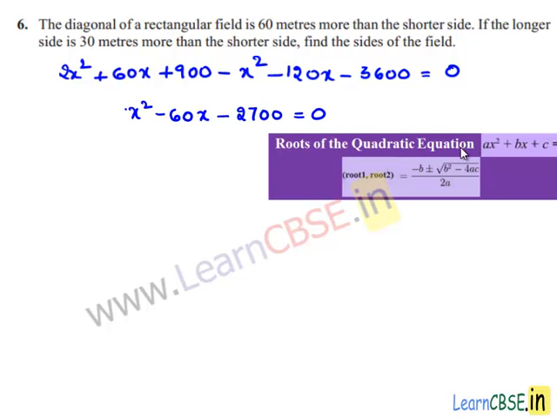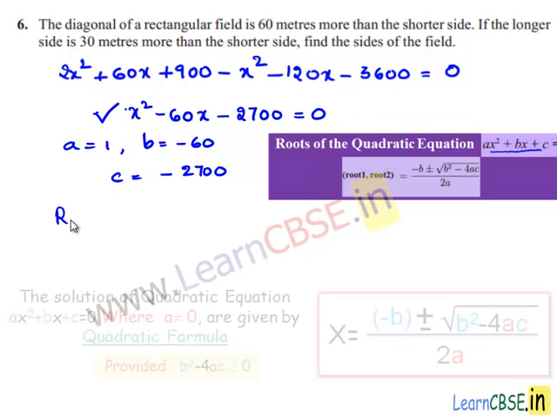For the quadratic equation ax square plus bx plus c is equal to 0, the roots are minus b plus or minus square root of b square minus 4ac divided by 2a. So if we compare this equation with the standard equation, we get a is equal to 1, b is equal to minus 60 and c is equal to minus 2700.